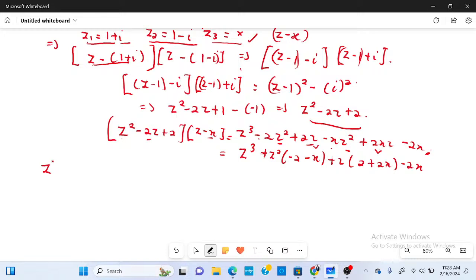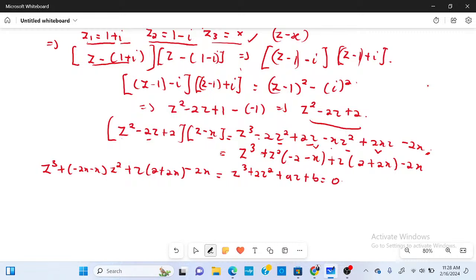So I have z cubed plus open brackets minus 2 minus x, z squared plus z multiplying 2 plus 2x, minus 2x, all should be equal to our polynomial itself, which was given as z cubed plus 2z squared plus az plus b is equal to 0, right?